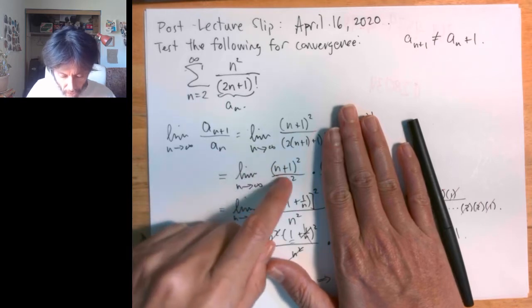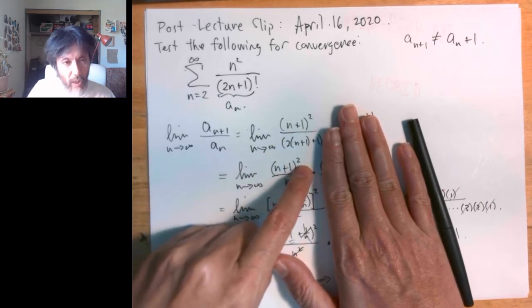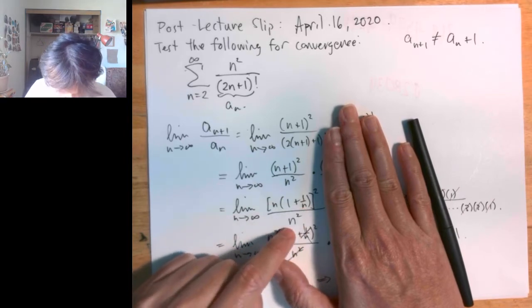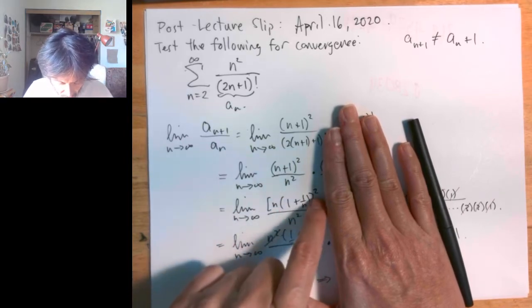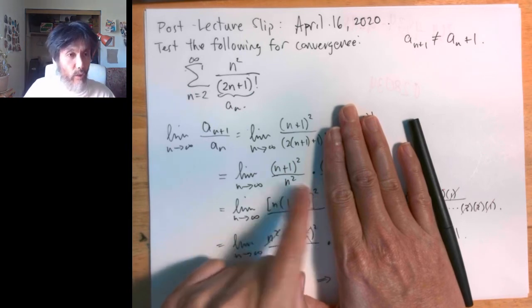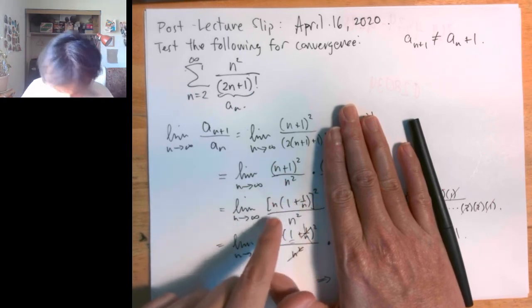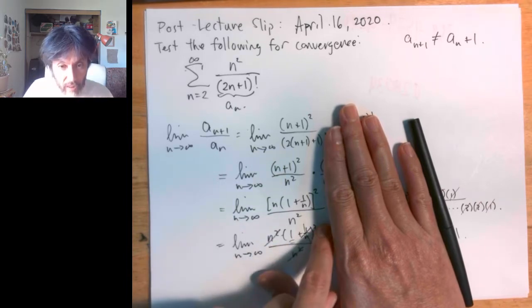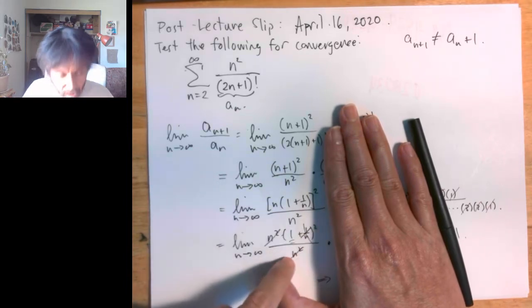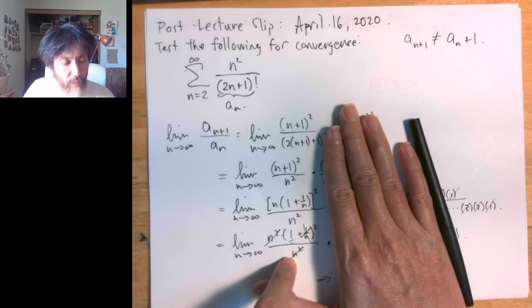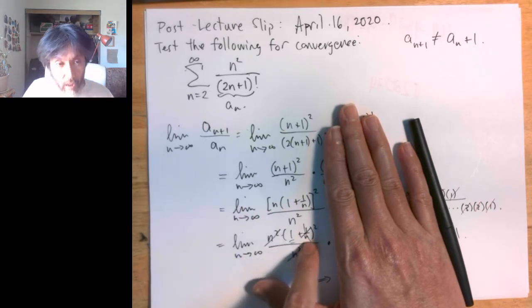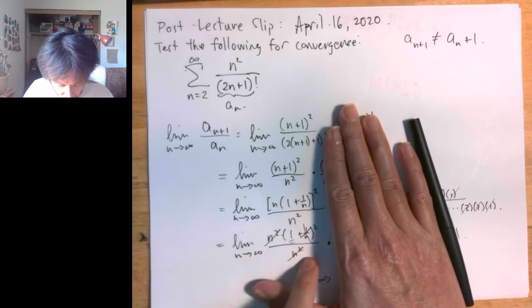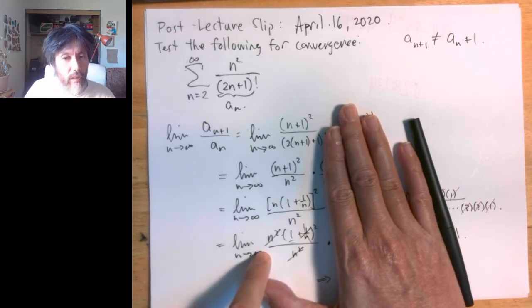Inside the square, you get n times 1 plus 1 over n, and because exponents distribute over products, this is the same as n squared times 1 plus 1 over n squared. And so the n squared upstairs and the n squared downstairs kill each other. We have a 1 over n, which as n goes to infinity dies, and so what we are left with in this limit is 1.